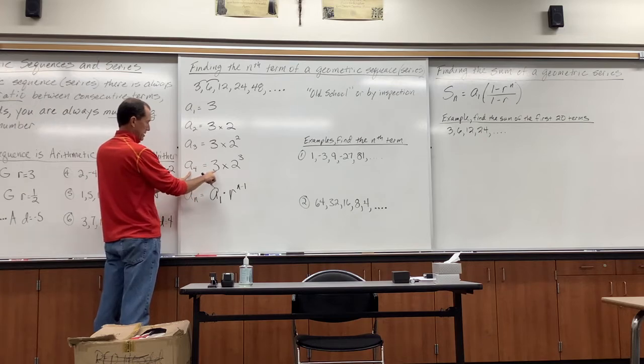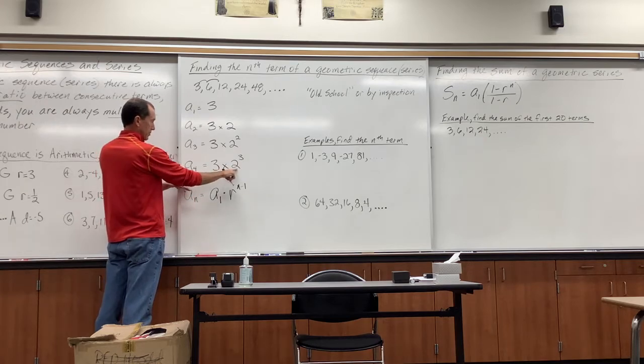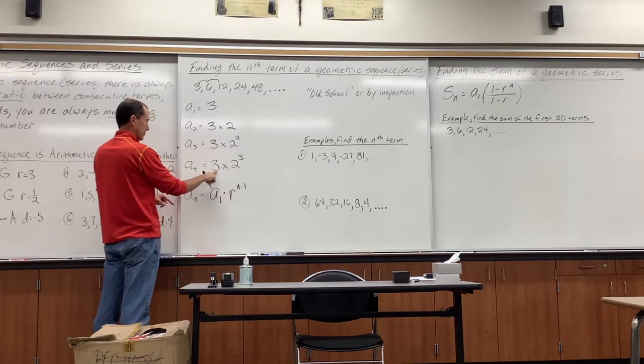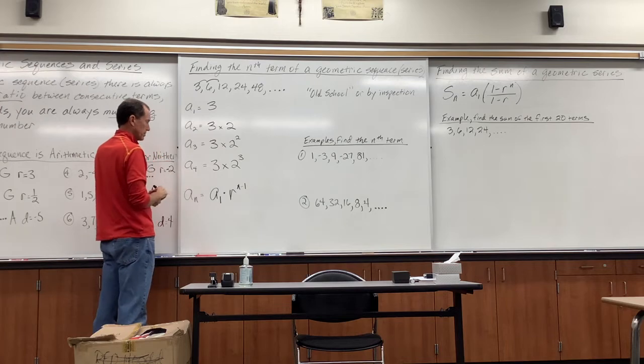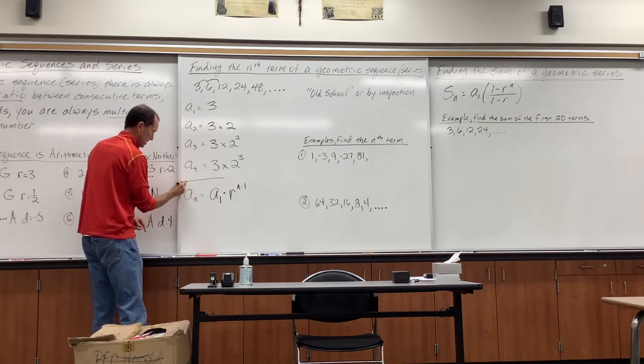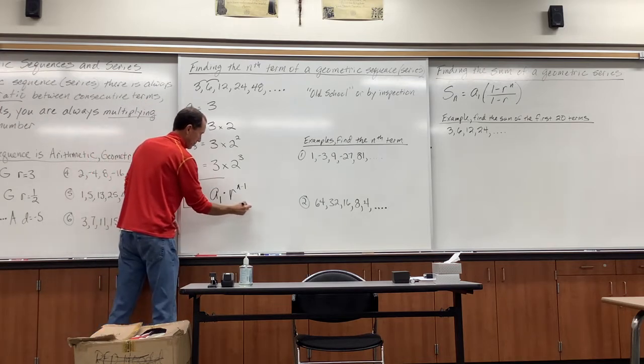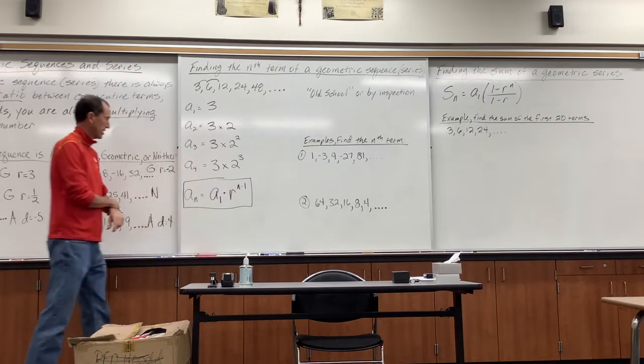To get the fourth term, we did 3 of the ratios times the first term. To get to the third term, we did 2 of the ratios times the first term. So this looks good, and this is formula number 3, of which will eventually be 5.